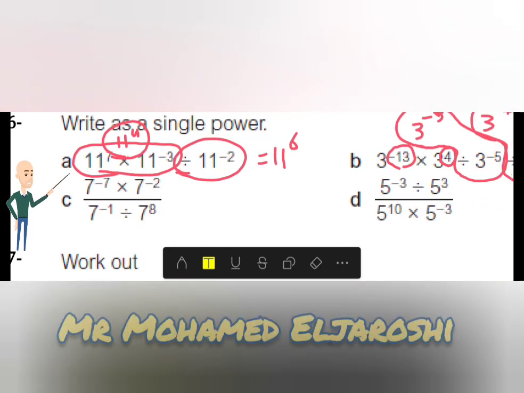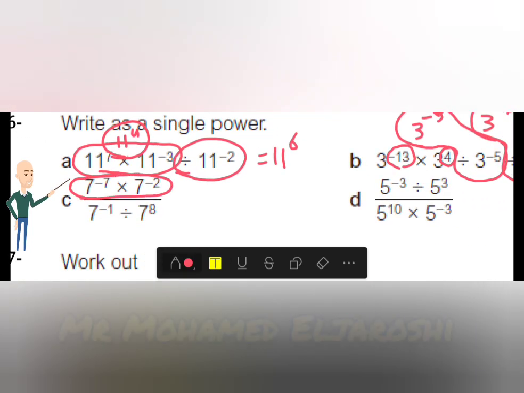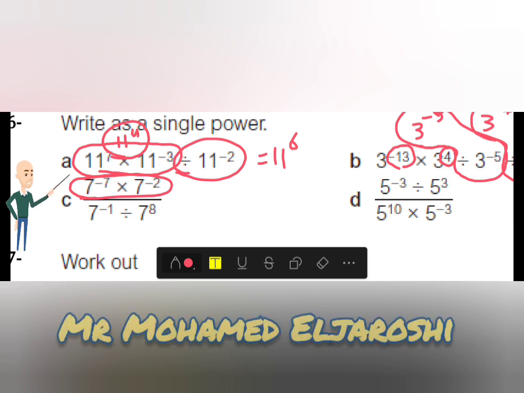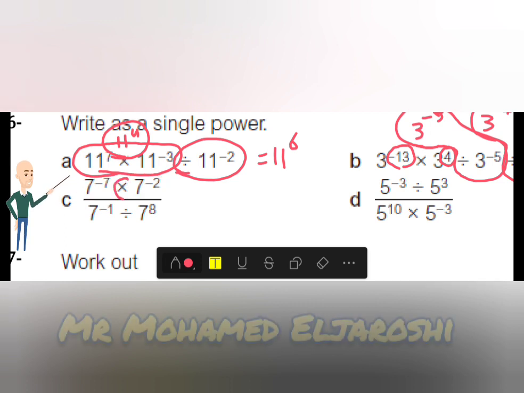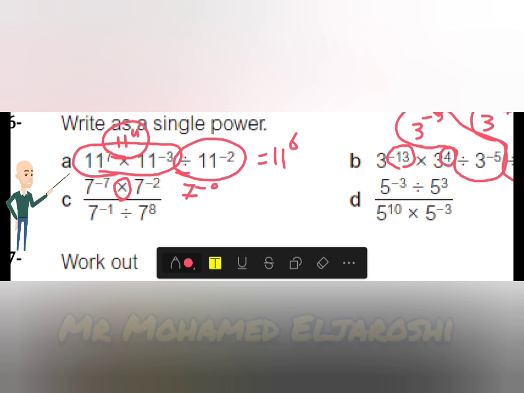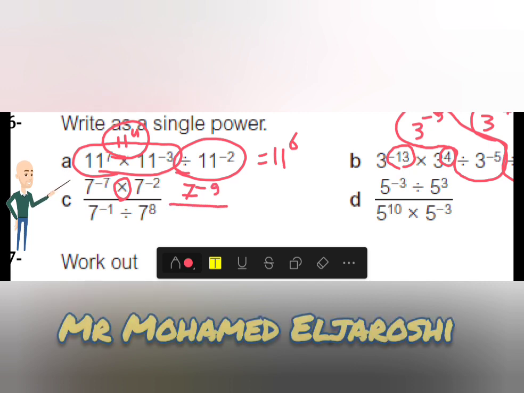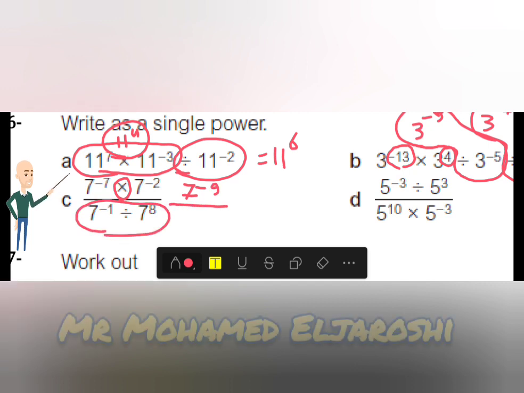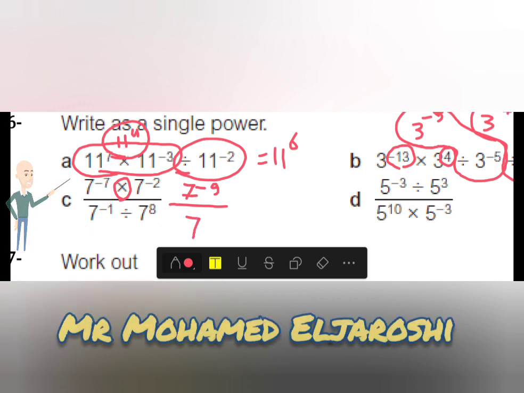Same idea here, but we will do the ones on top first and then the ones in the bottom, okay? Now, to do the ones on top, because it's multiplied, we add the powers. So negative 7, negative 2 equals negative 9. So 7 power of negative 9, divided by, same idea here, this is division. So we're going to subtract the powers. So it's going to be 7 what? Very good. We do negative 1 subtract 8 equals negative 9.